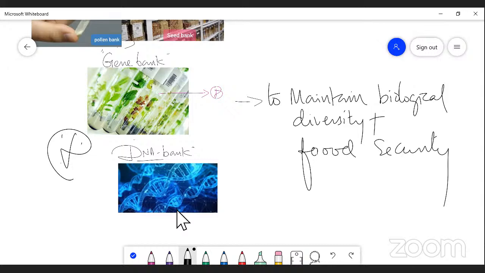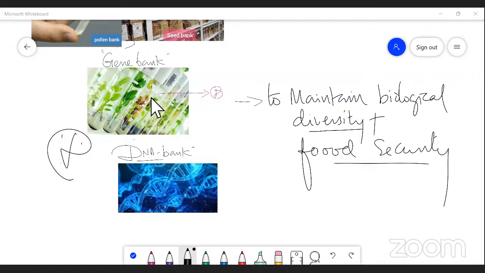Students, please imagine. We have discussed that there are many banks: seed bank, pollen bank, gene bank, and DNA bank. So the gene bank and DNA bank are involved in order to maintain biological diversity and food security, right? So this is the role of gene bank and DNA bank.